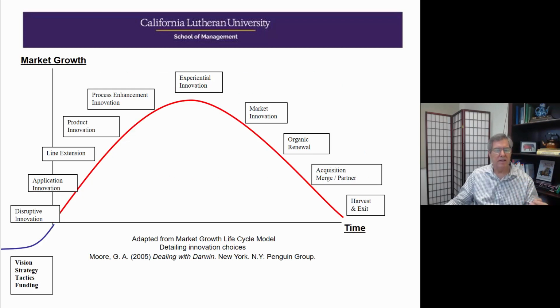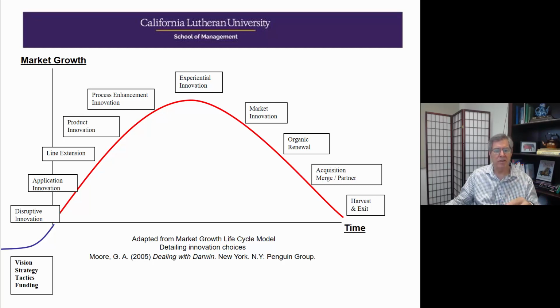So let's have a look at that. This is an example of a company life cycle. You can see that we start off right at the bottom left-hand side where the company is just starting up with developing its vision, strategy, etc. It enters the market with disruptive products or services, moves into the application, line extension, product innovation, process enhancement, and then experiential innovation.